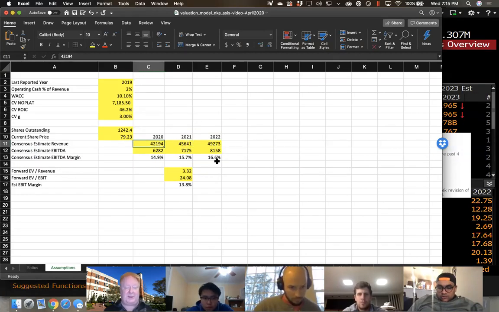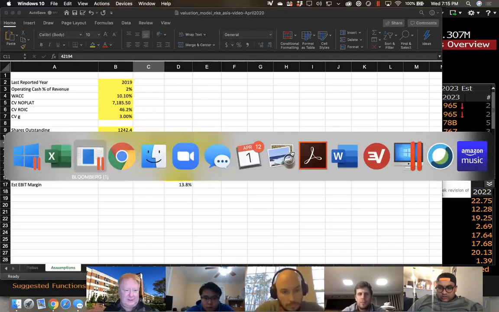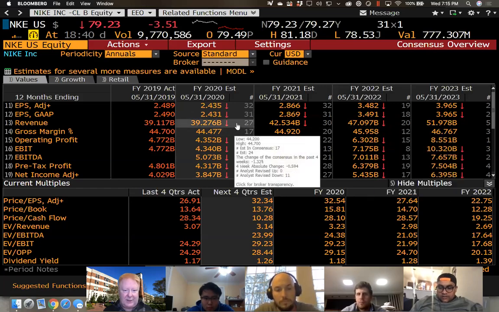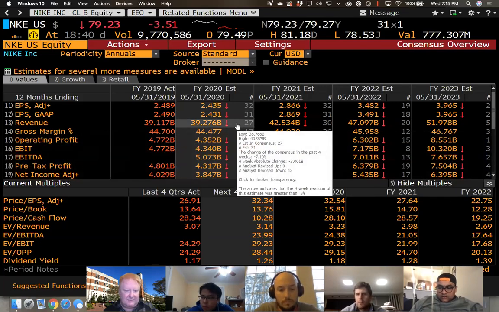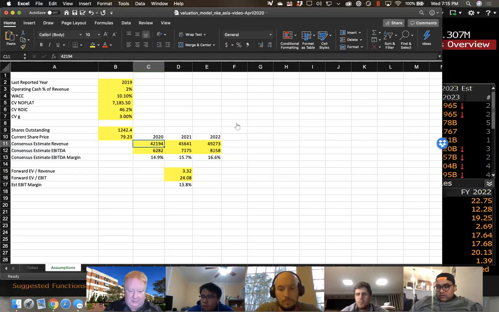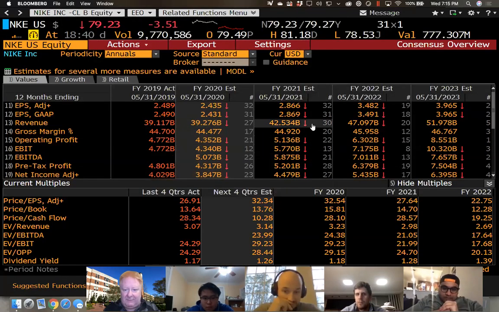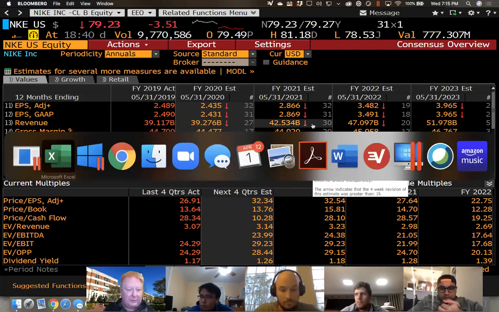Probably one of the reasons the share price is lower. So instead of 42,194 for 2020, today for 2020, it's 39,276. For 2021, instead of 45,641, today Wall Street's expecting 42,534.